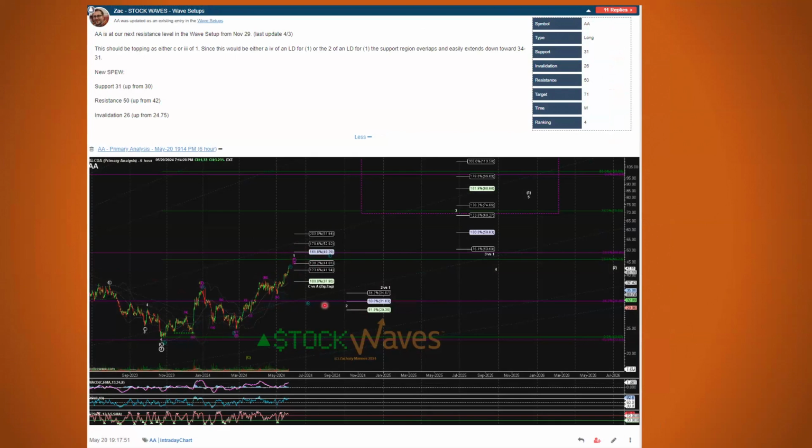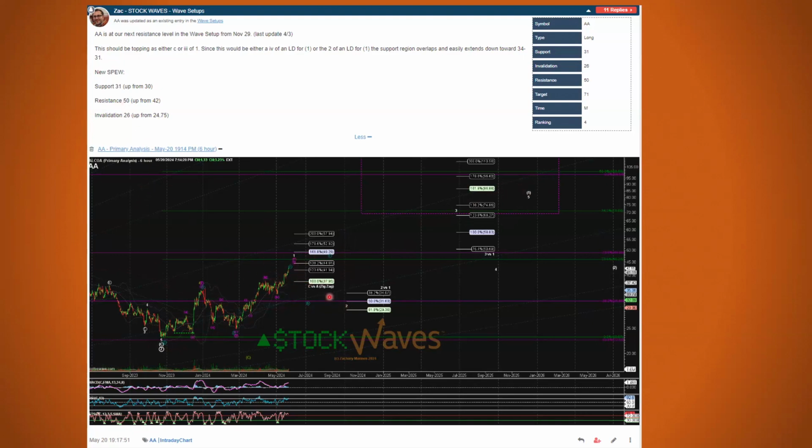But in the official update to the wave setup, we noted how the pattern had morphed and it did not fill out 5 waves up as wave 1 of that wave 1. It looked very clearly like an ABC move, where that would be wave 1 of a leading diagonal for the parentheses wave 1.